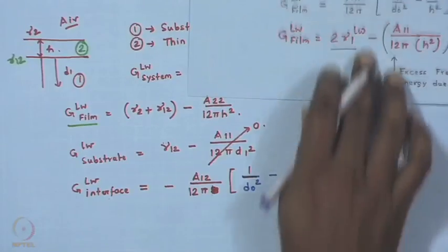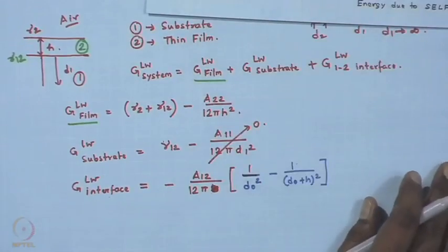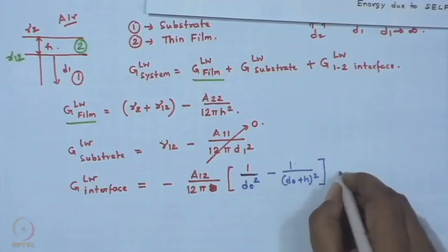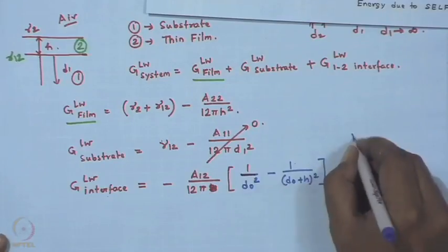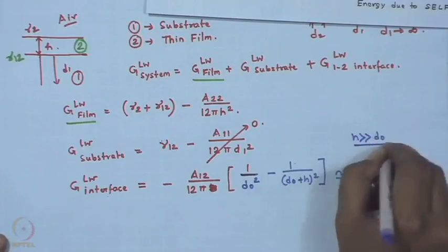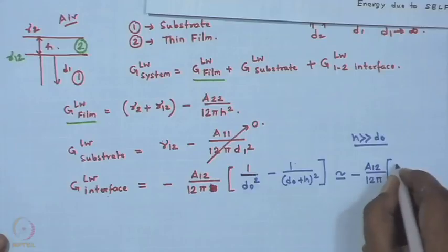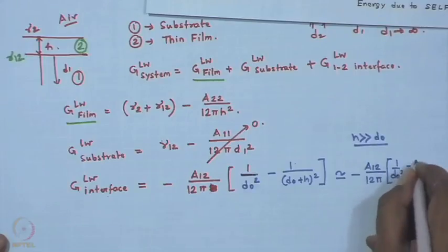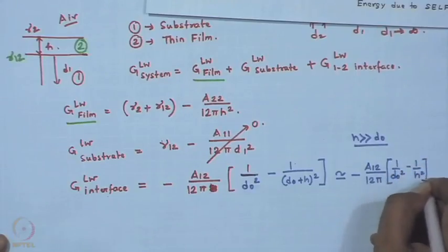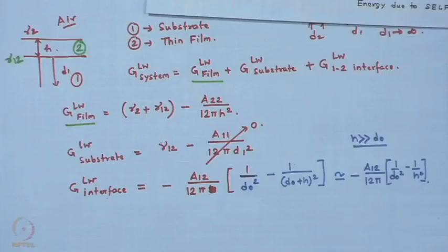d 1 tends to infinity, therefore all other terms tend to infinity, and for this one we argued that h is much larger than d 0. Therefore, this term can be subsequently written as A 1 2 divided by 12 pi into 1 by h square.